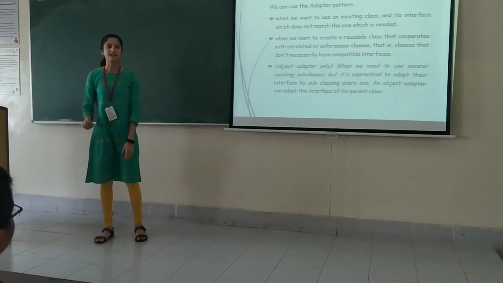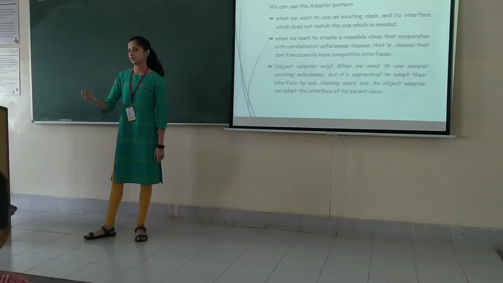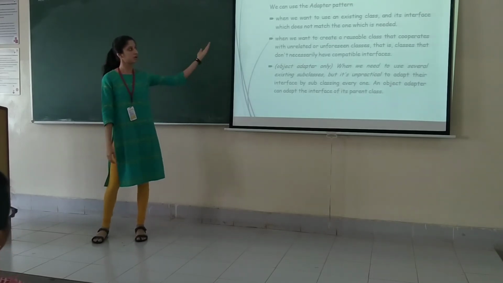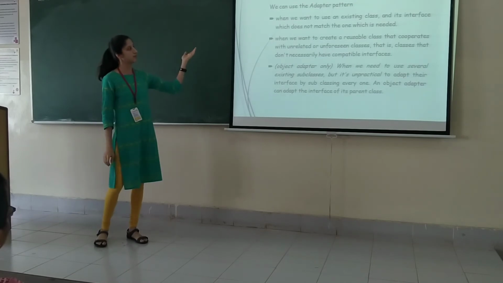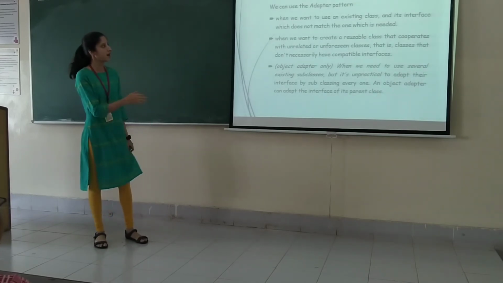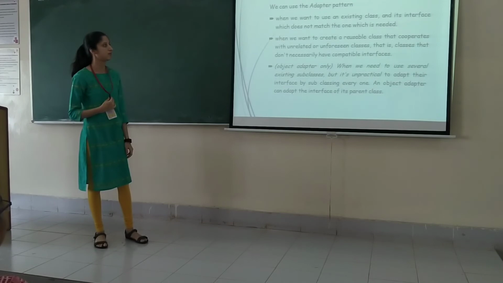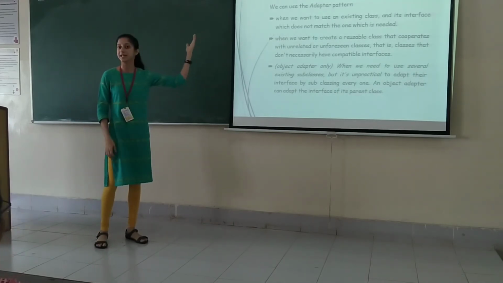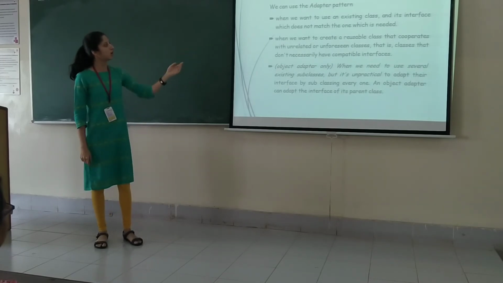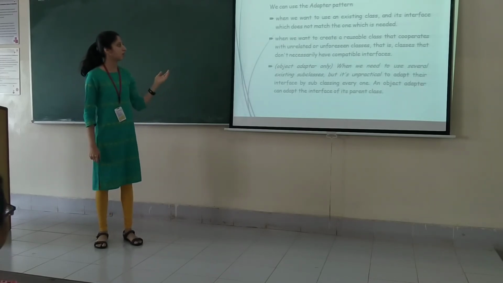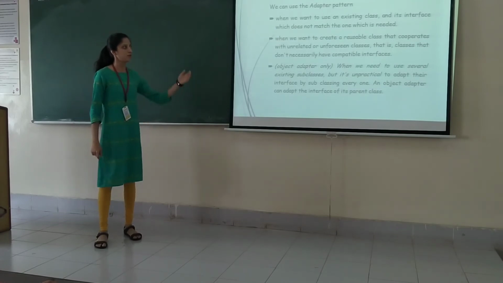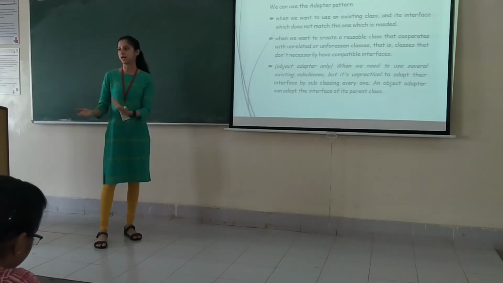And the next one is applicability, meaning where the adapter pattern will be applied. We have discussed most of it already. That is, when you want to use an existing class and its interface does not match the one that is needed, that is the interface incompatibility issue. And when we want to create a reusable class that operates with unrelated classes, that is, classes that don't necessarily have compatible interfaces, meaning the class incompatibility issue.